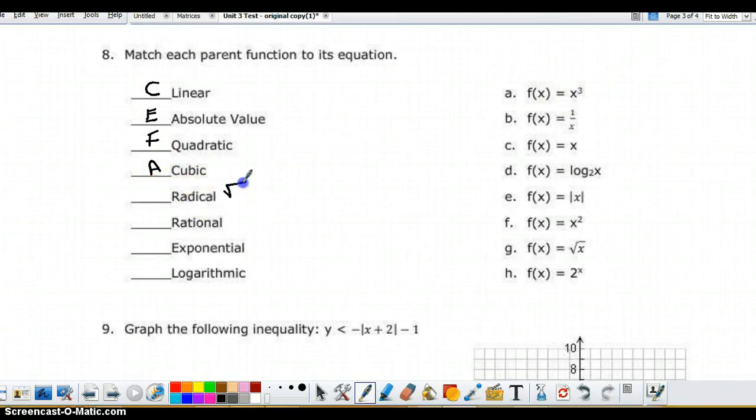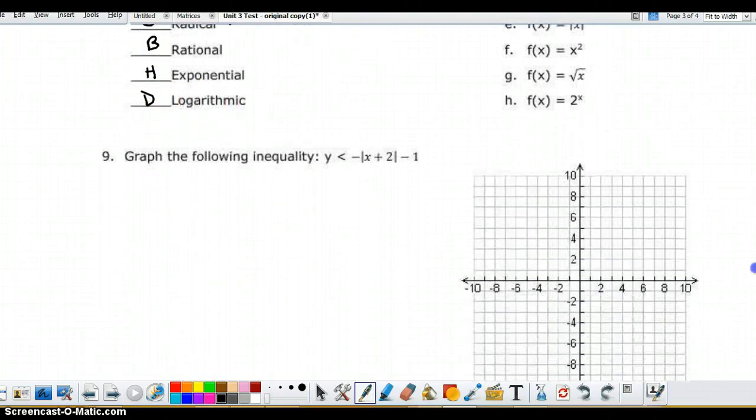Radical means square root, so that's G. Rational was B. Exponential was H. And logarithmic was D. Alright, but all that was on your review.